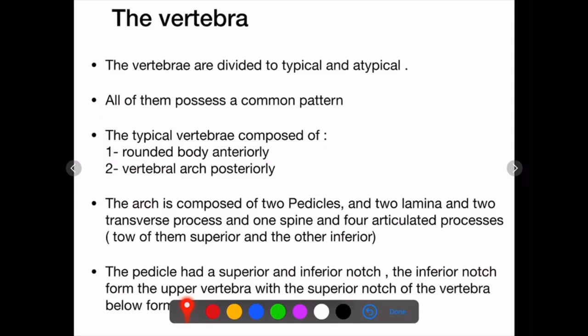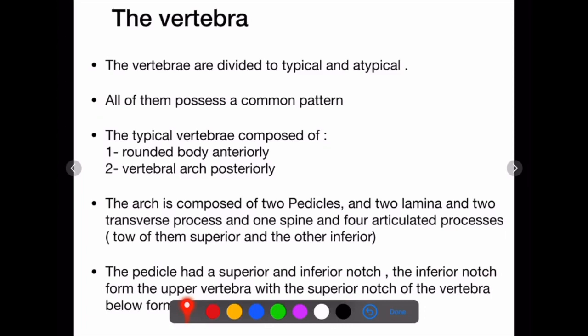The arch is composed of 2 pedicles and 2 laminae and 2 transverse processes and 1 spine posteriorly and 4 articular processes, 2 of them superior and 2 of them inferior.